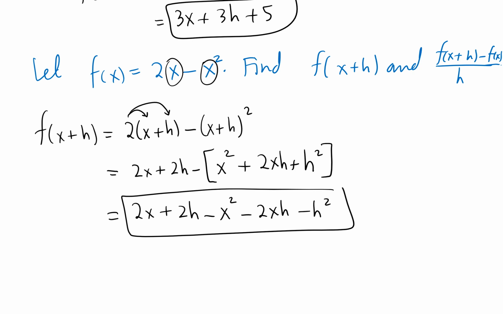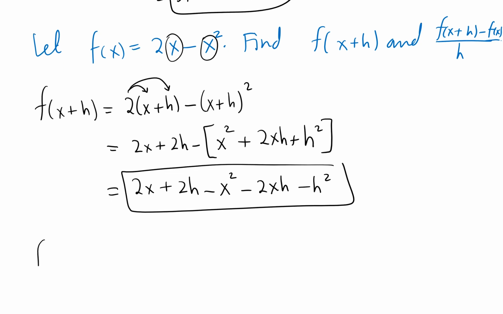Next, we have the next part that looks more challenging than the first one, but notice it uses the first one. So what we're going to do is find f of x plus h minus f of x over h.